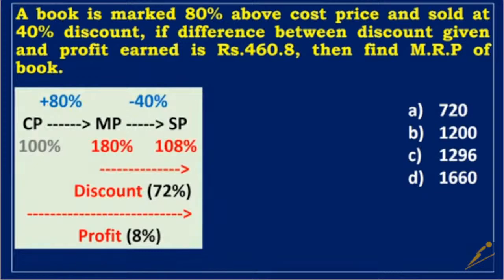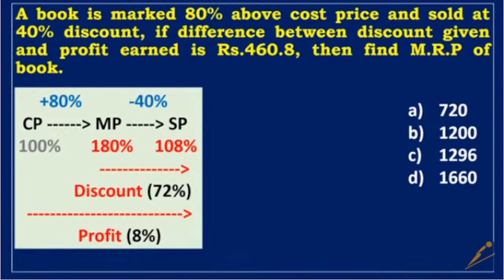A book is marked at 80% above the cost price, which means the marked price will be 180%. The book was sold at a 40% discount, which implies 40% of the 180 is 72%. Then, subtracting 72 from 180 gives 108%, which is the percentage of the selling price of the book.